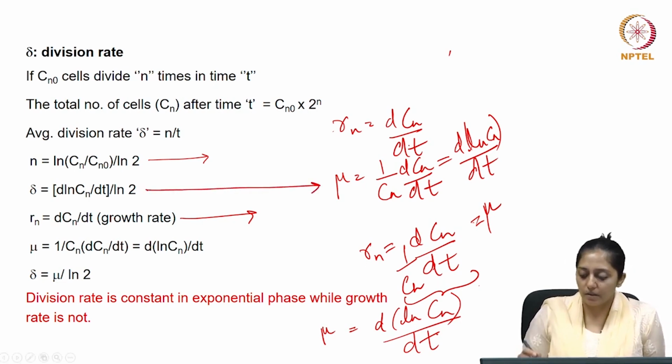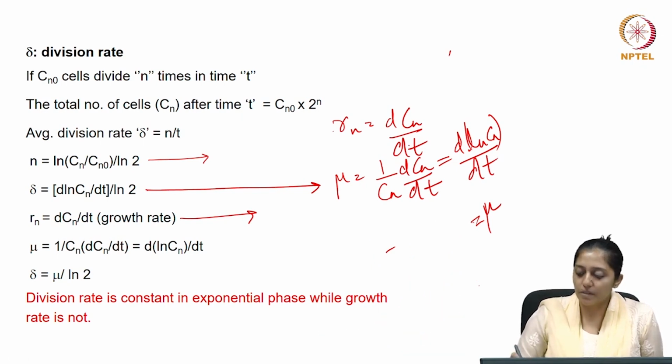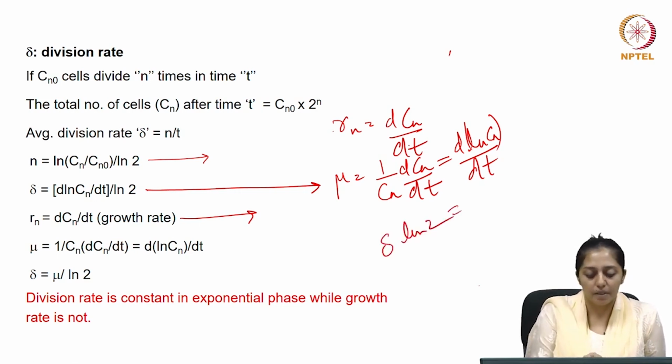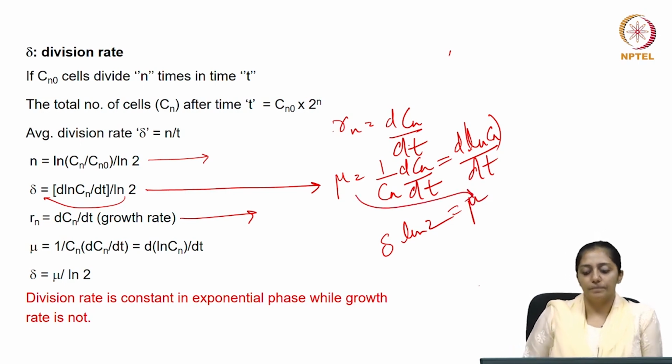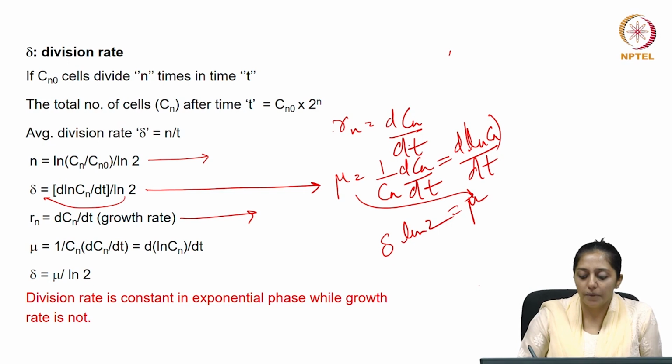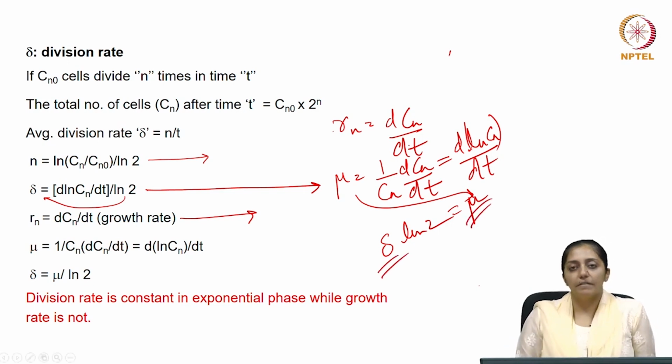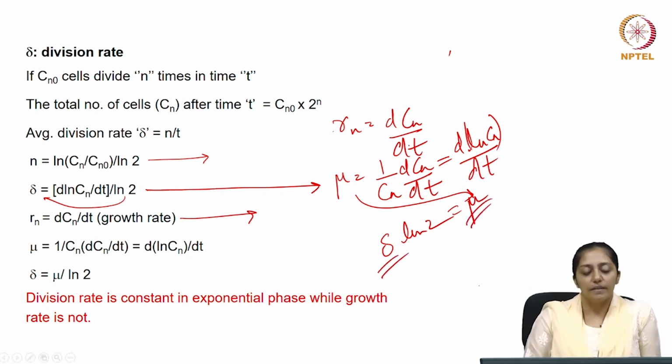From this equation, if I do the substitution for d ln Cn by dt, the division rate times ln 2 will be equal to d ln Cn by dt, which then becomes equal to mu from this equation. So, this is how mu and division rates are correlated.